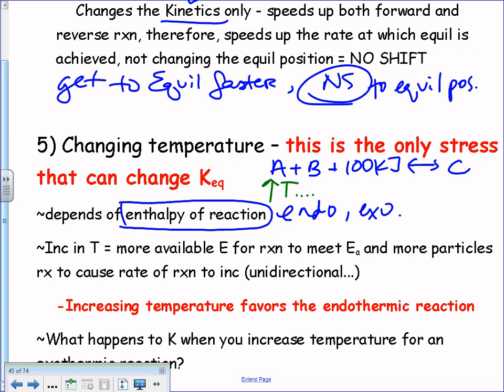So basically, if I increase the temperature, I'm giving energy to the entire closed system, but one side requires it, so they will use it. So I'm going to increase the rate of the forward direction because it's consuming that energy.